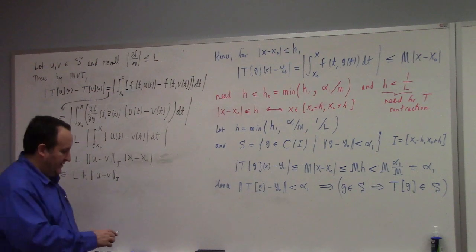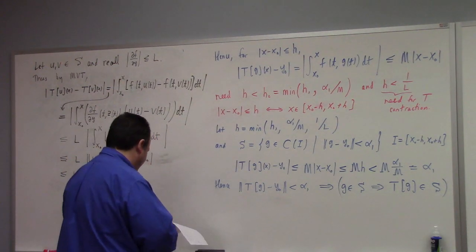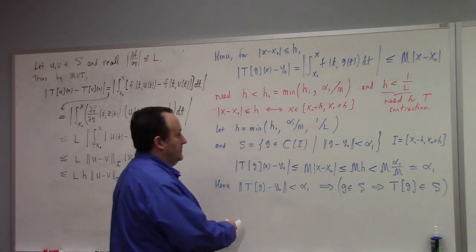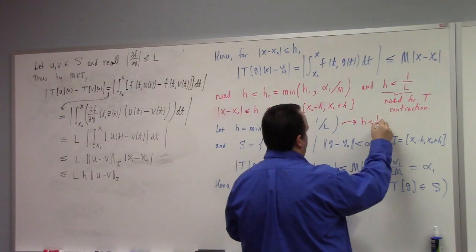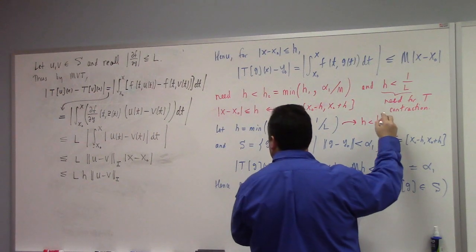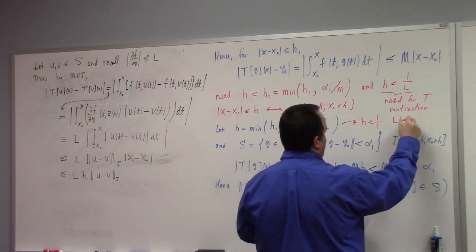But you notice that by construction over here, we had, see this? We had h is less than 1 over L, which means that LH is less than 1.